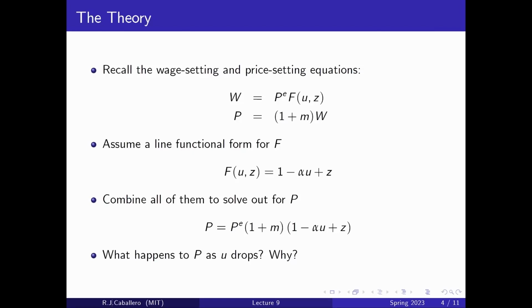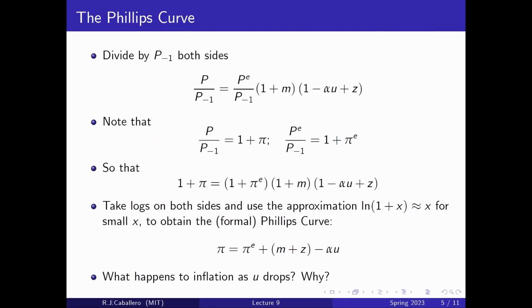The next step was just to go from here to the rate of inflation, and we did it through several steps and approximations, and we ended up with what is known as the Phillips curve. So this says that inflation is increasing in expected inflation and in these institutional parameters. If the markups go up, that will tend to increase inflation.